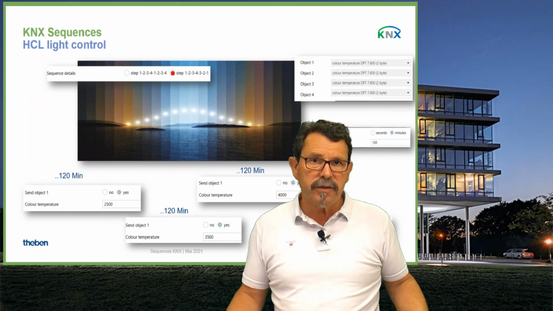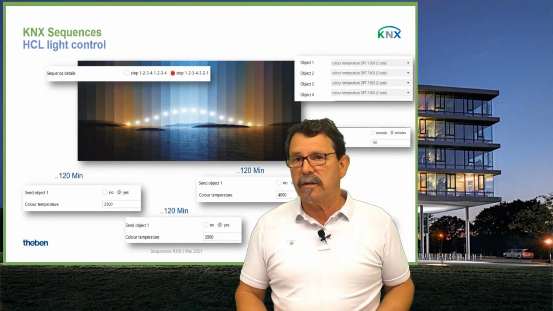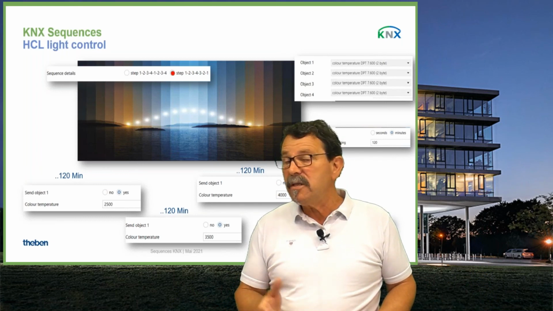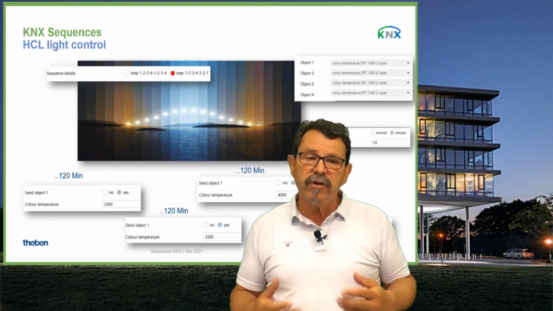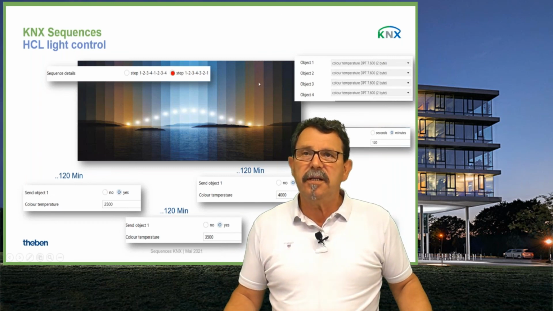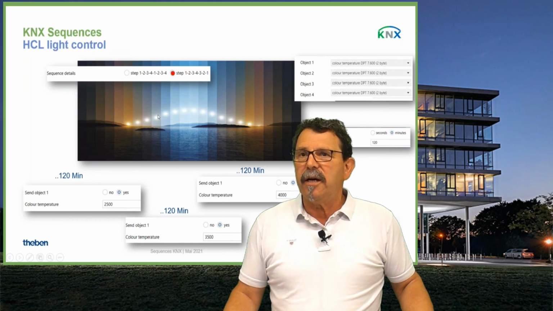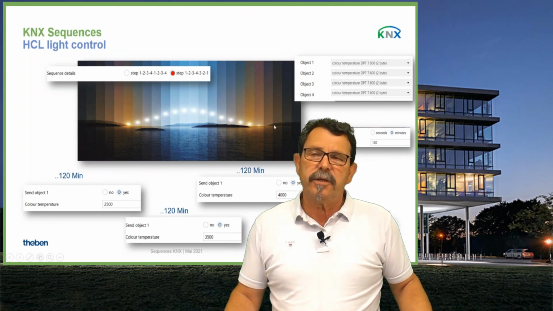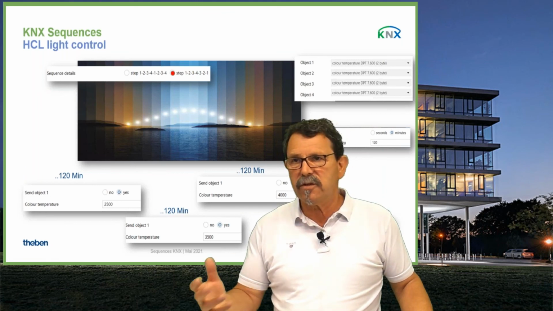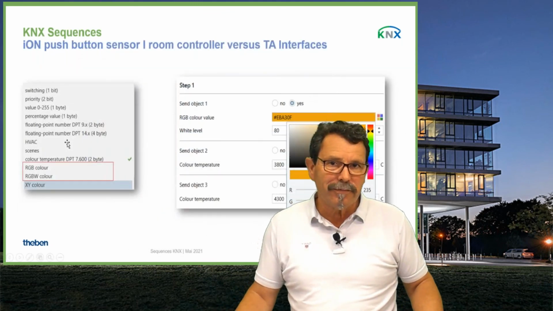If you remember, minimum is 1 second, maximum 120 minutes. With this simple function, you can really rebuild with a reasonable artificial LED light this kind of circadian light situation, which we want to have in a room, in a seminar room, in a schoolroom, or whatever, just to keep the people in a good mood.